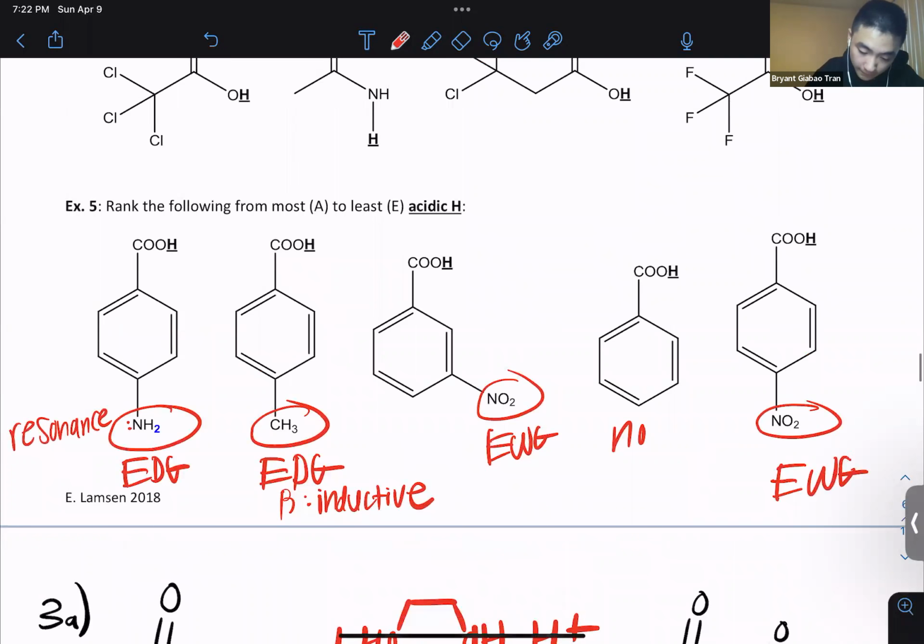So the most acidic one would have an electron withdrawing group that is ortho or para to the carboxylic acid.